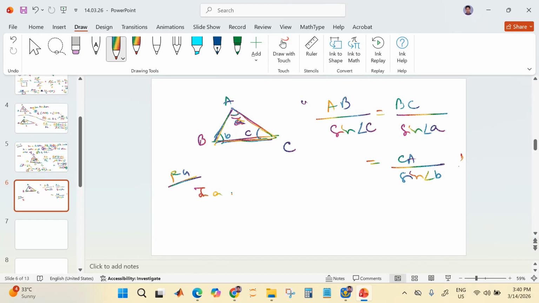In a triangle ABC, the ratio of the angles is 2:3:4.